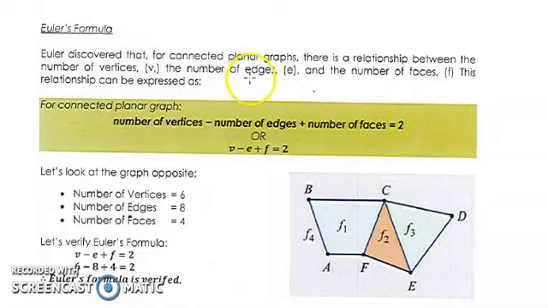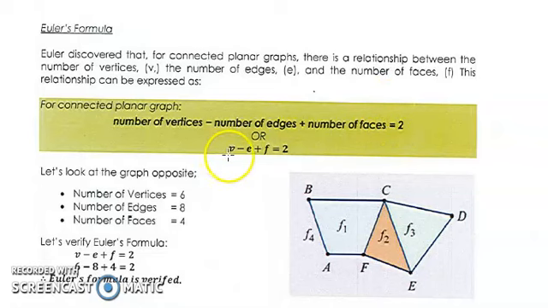And this relationship can be expressed as you take the number of vertices, count that, you subtract the number of edges, count that and subtract it away, and you add the number of faces, you will always get 2. Your answer will always be 2.